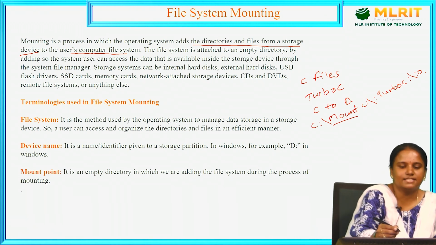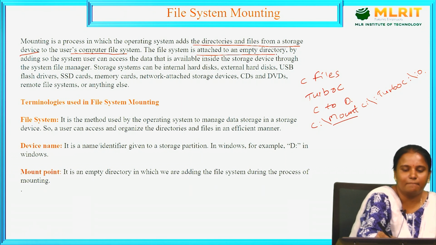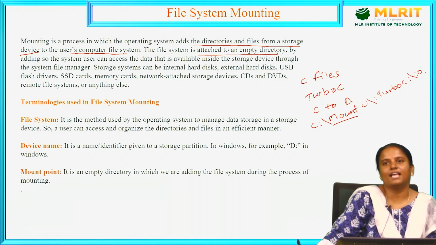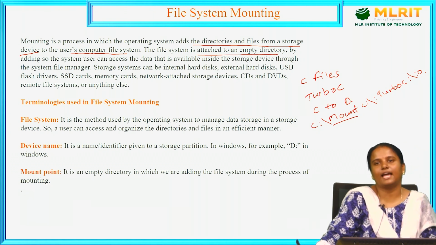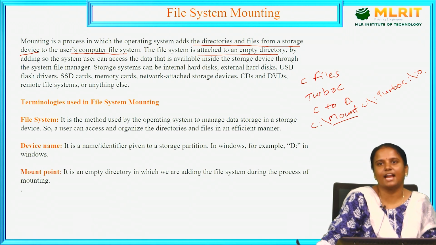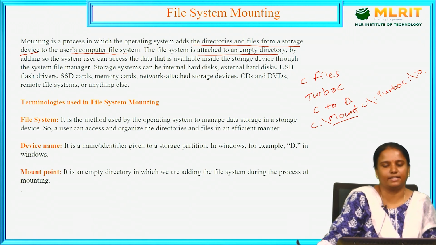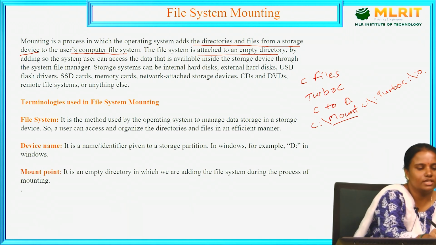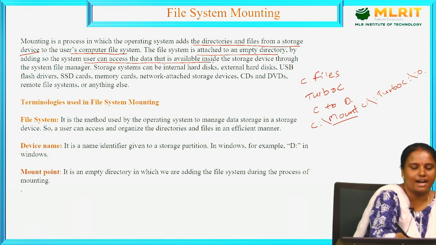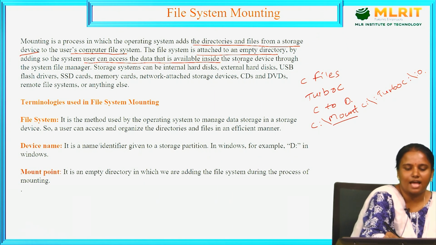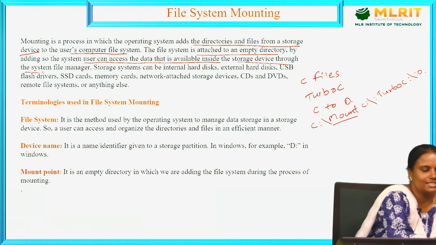The file system is attached to an empty directory. So when the files are empty, the empty files are attached to an empty directory. By adding, the system user can access the data available in the storage device through the file system manager.